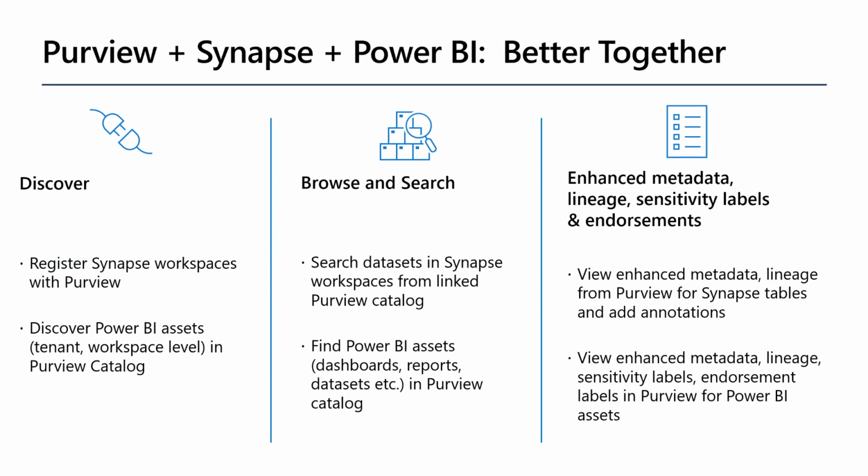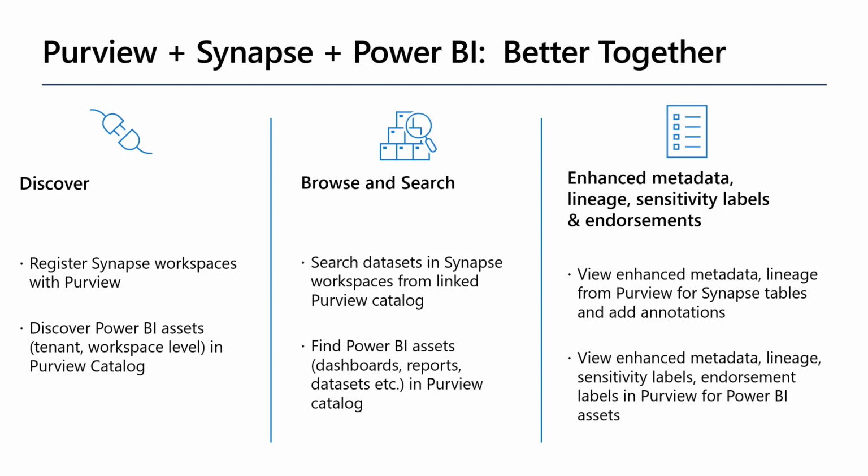Another important thing to look at here is how the technologies work together. So we really talked about Synapse. Well, if we look at the combination of Purview plus Synapse and plus Power BI, which we haven't talked about yet, how do we leverage the Purview platform to get more value out of these two other technologies? So we really look at this across these three pillars of discover, browse and search, and then the enhanced metadata, right?